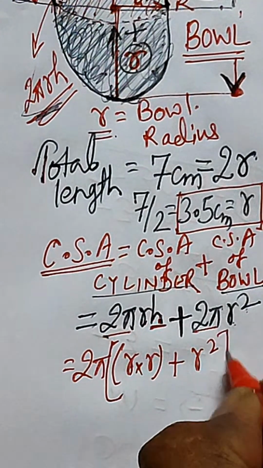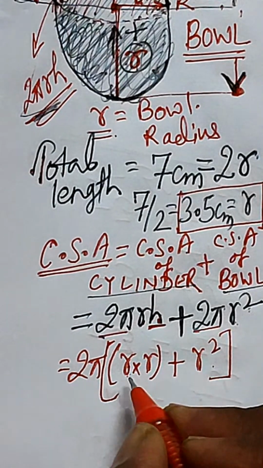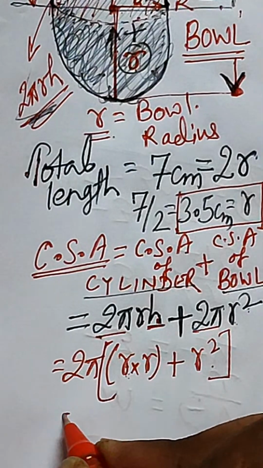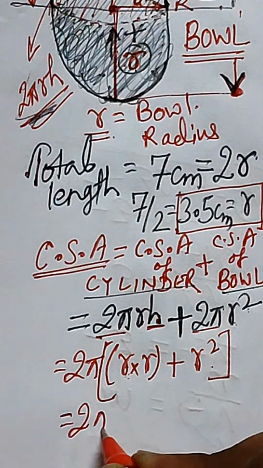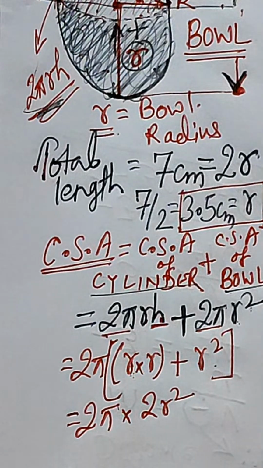The first term is also R square, so 2 times R square. This will give you 2 into pi into 2 R square.